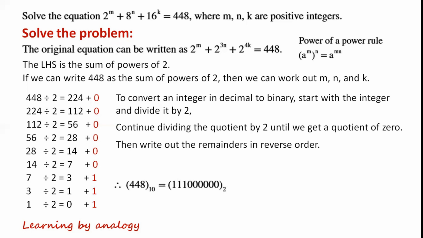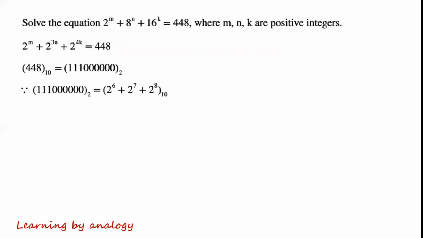So 448 in decimal equals 3 ones and 6 zeros in binary, because 3 ones and 6 zeros in binary equals 2 to the power of 6 plus 2 to the power of 7 plus 2 to the power of 8 in decimal.